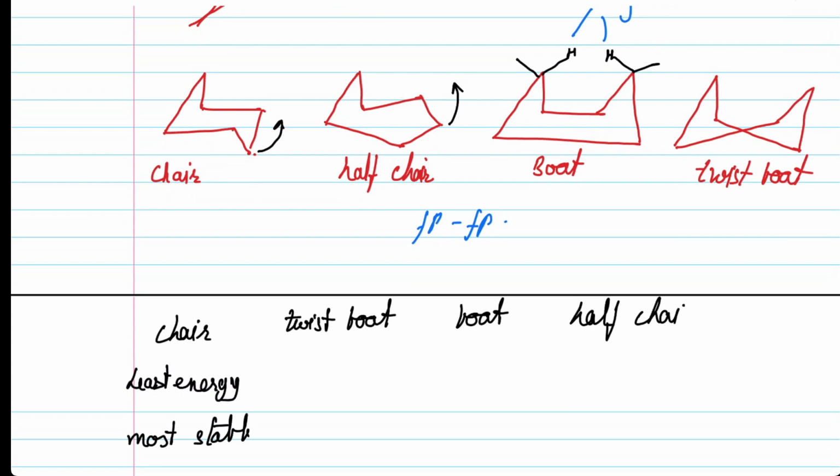Half chair can also be termed the half boat structure. So these are what we have as conformers of cyclohexane. These also are conformers only.